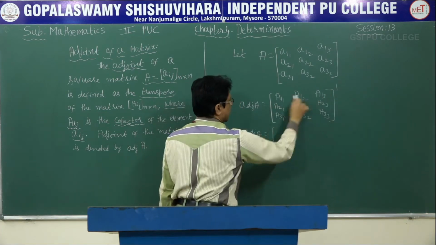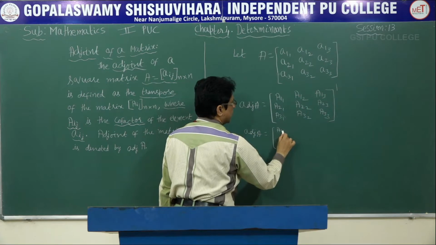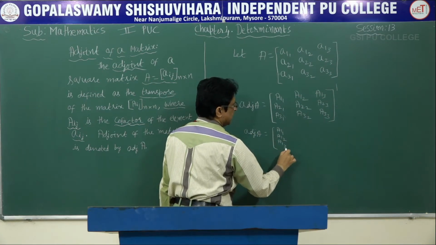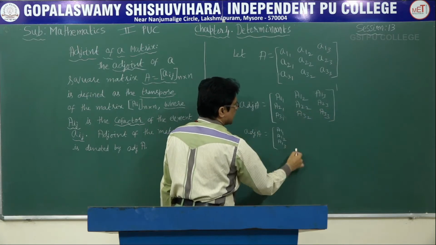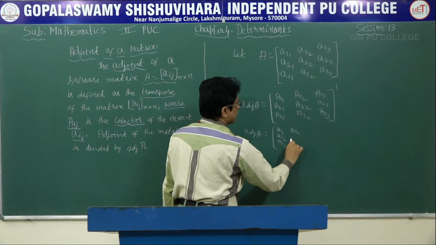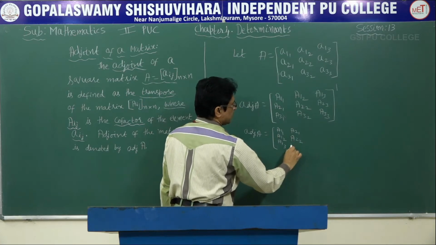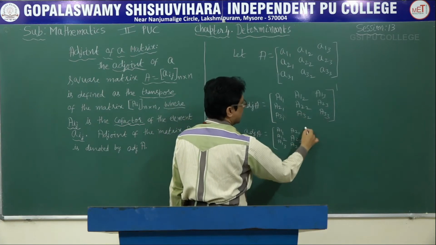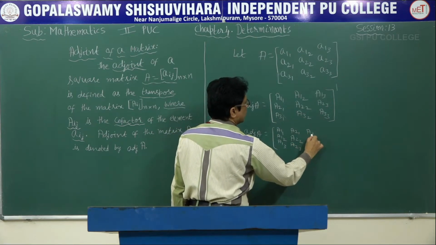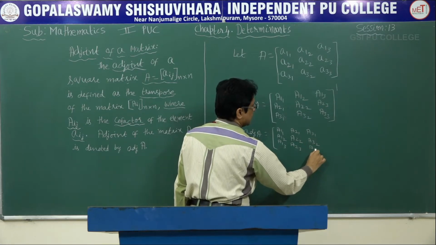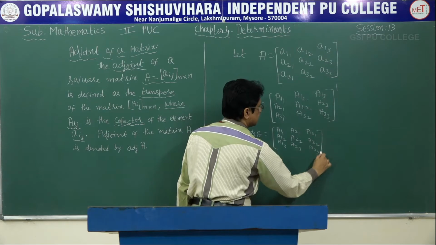That is, the first row becomes the first column: A11, A12, A13. The second row becomes the second column: A21, A22, A23. The third row becomes the third column: A31, A32, A33.